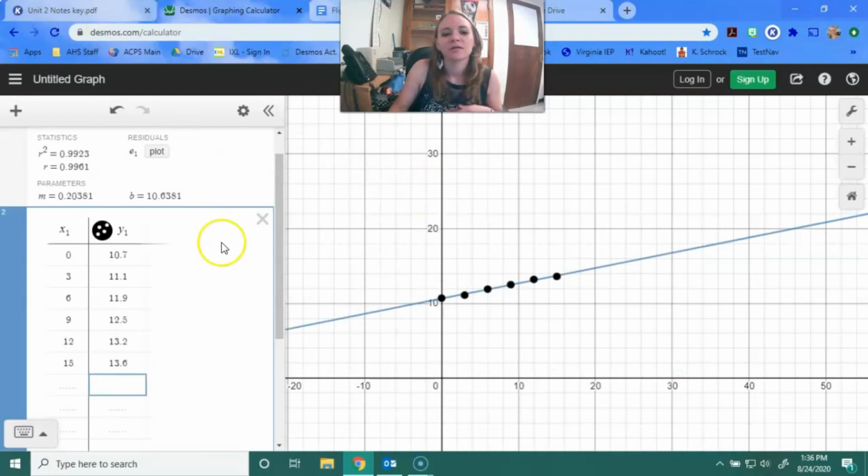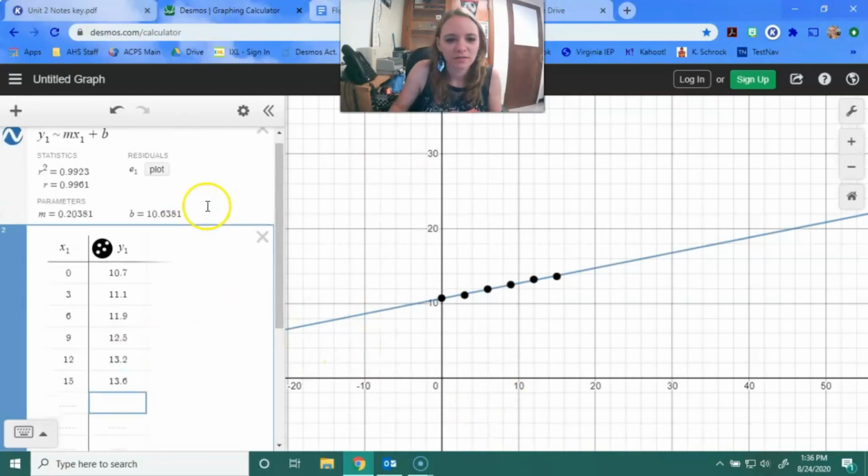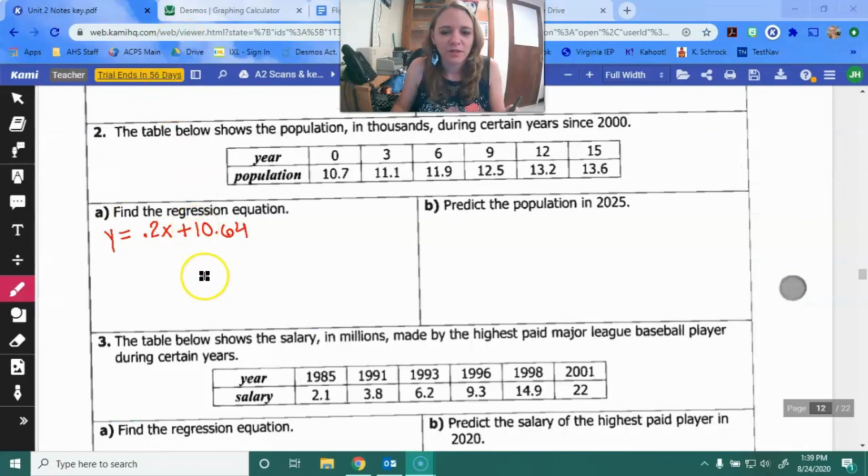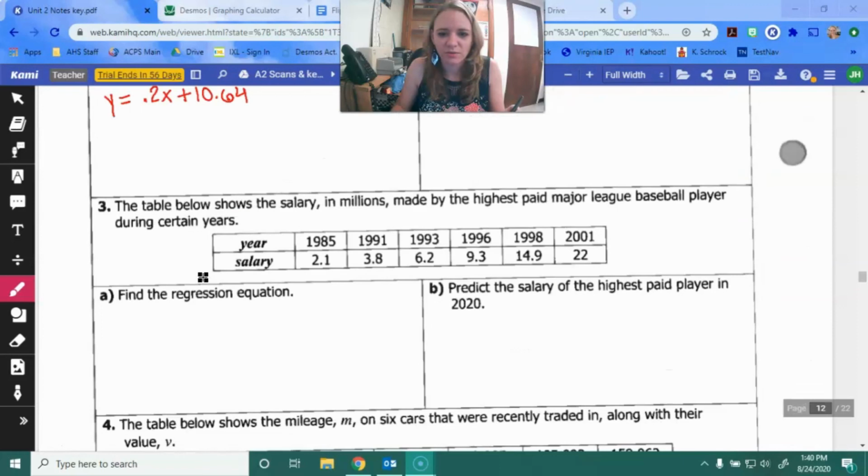Okay, look at that. Man, technology is amazing, isn't it? So you got those black dots, and then you've got your values right here that they're telling you to put. Okay, so why don't you guys go ahead and try these, and we'll check the answers.